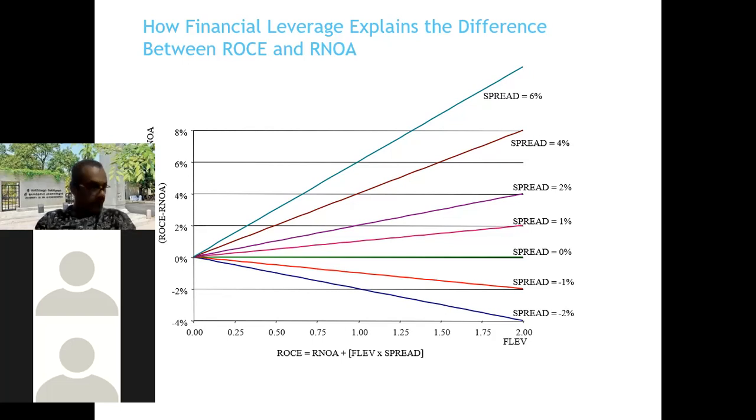So how about others? Observations? So when the spread decreases, ROE obviously goes down, decreases, but that doesn't indicate efficiency.